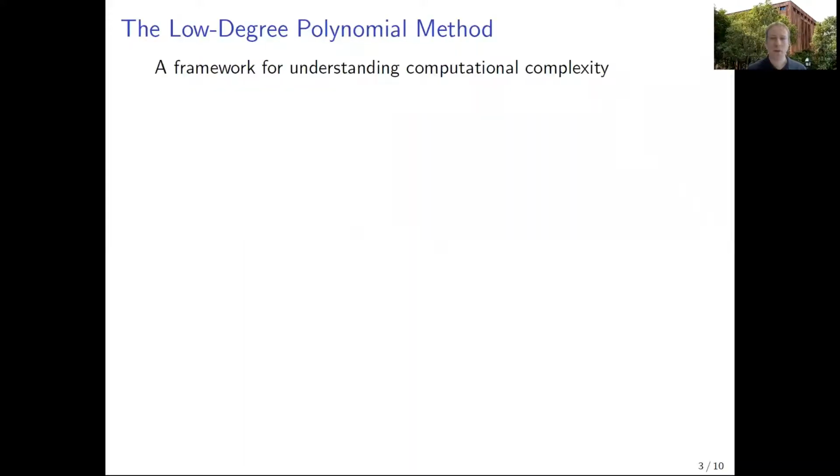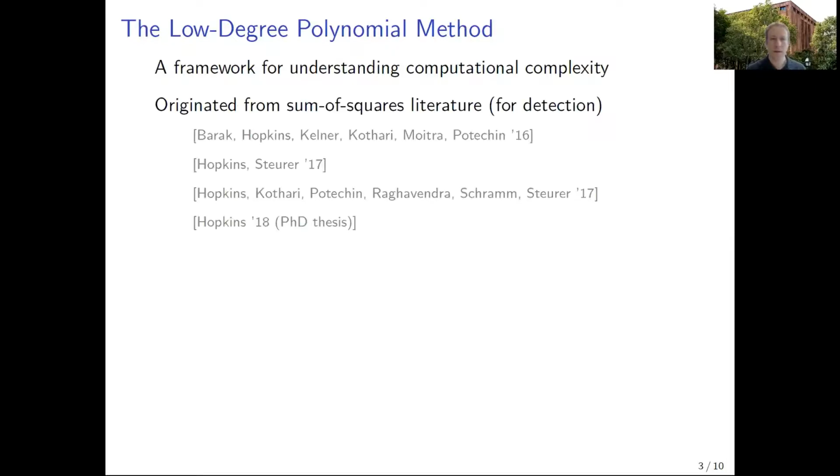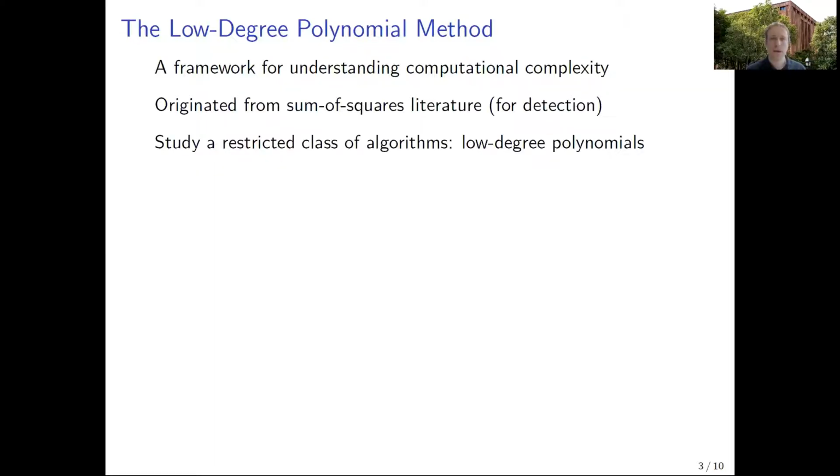There are various frameworks for understanding computational complexity of statistical problems, but I will focus on just one called the low-degree polynomial method. This originated from a line of work on the sum of squares hierarchy by all of these authors listed here. The idea is to study a restricted class of algorithms, namely low-degree polynomials.